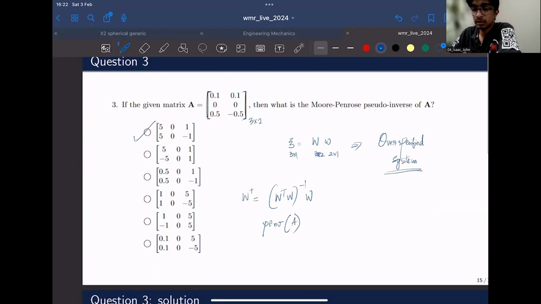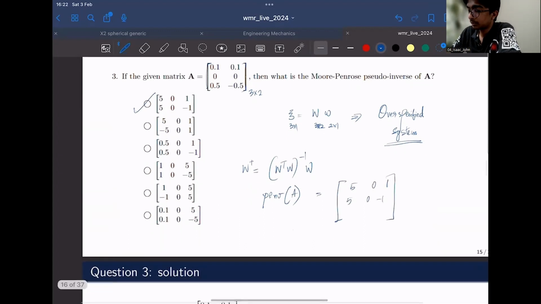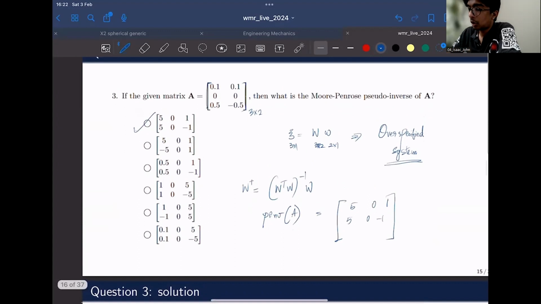If you do this, you will get the pseudo inverse as 50 0 1 and 50 0 minus 1. Or you can do this manually. If you have a calculator, you can do this operation. W transpose W would be a square matrix, so you have to find the inverse of the square matrix and multiply with the matrix.